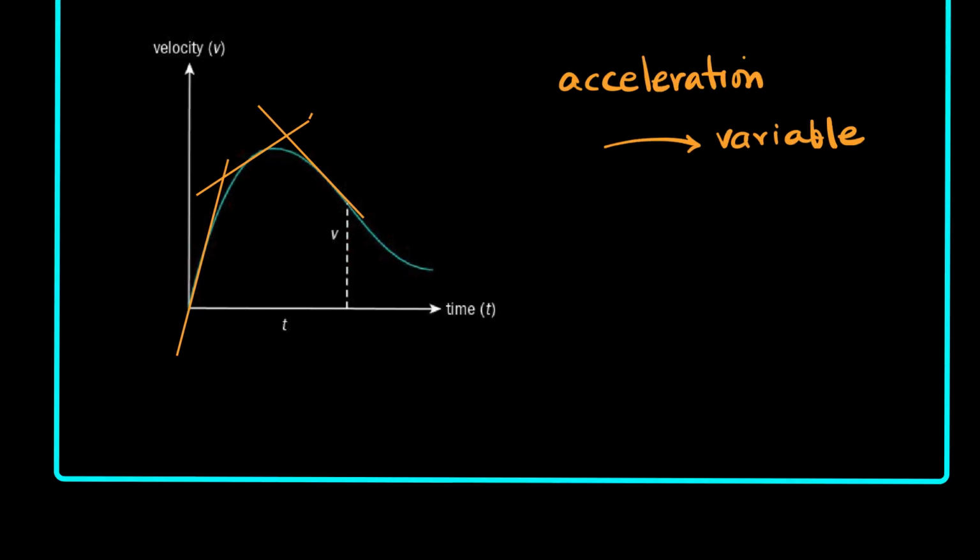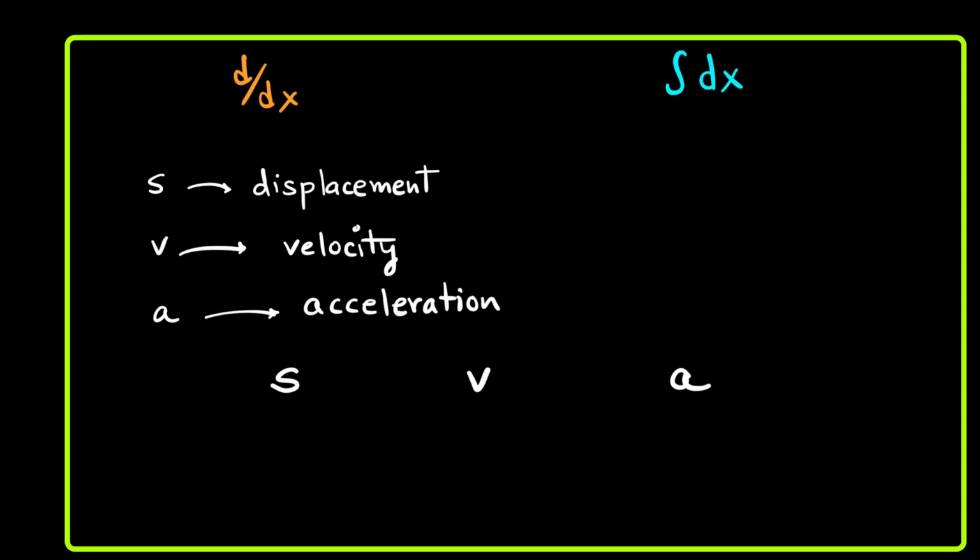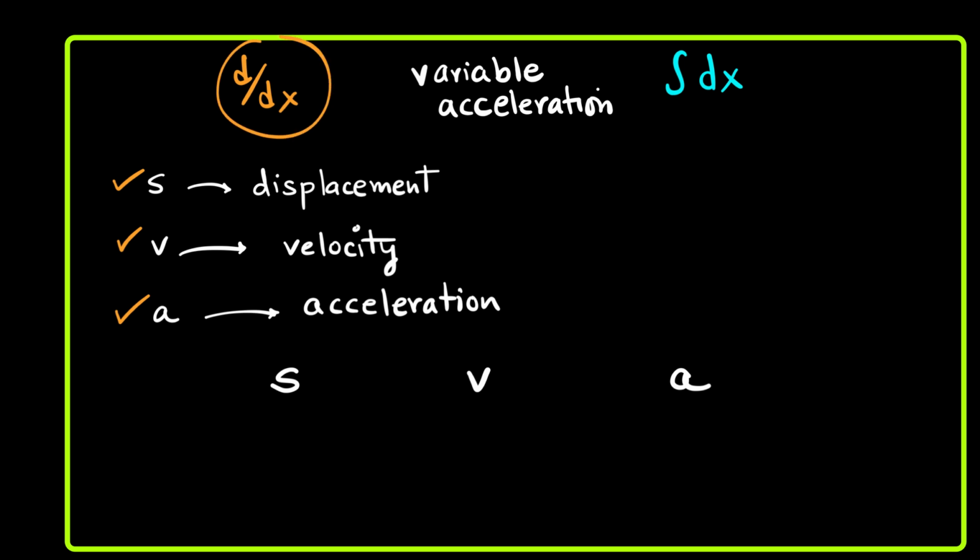So now we have to use the concept of differentiation and integration in order to solve problems related with variable acceleration. Now we know that the symbol for displacement is S, symbol for velocity is V, symbol for acceleration is A. If we differentiate an expression for displacement, we get velocity.